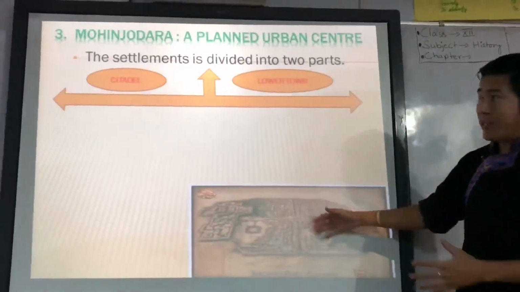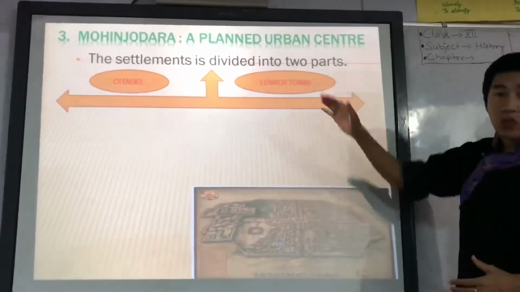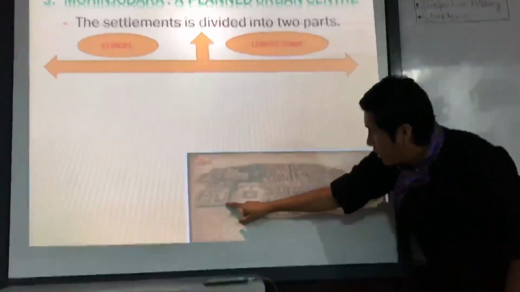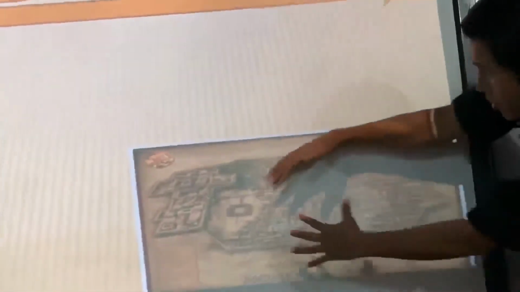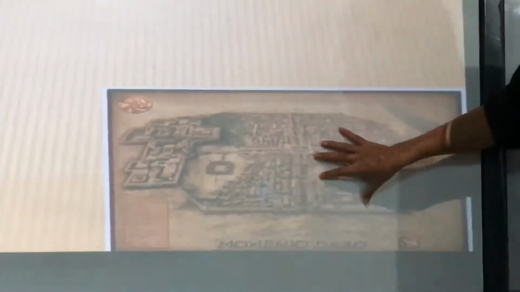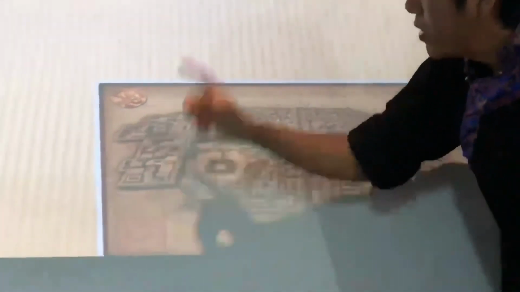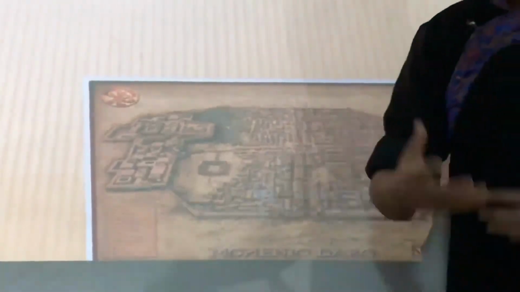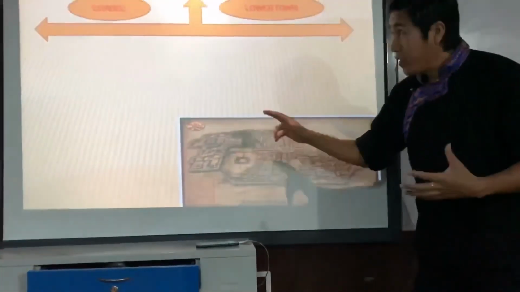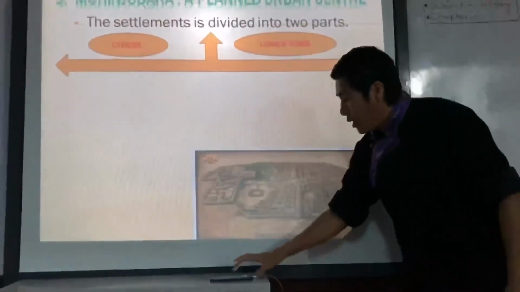Division of settlement in Mohenjo-daro. Now, if you look here, that one is the citadel and this bigger portion is the lower town, where the common people used to live. And here, the citadel, was especially for the elite, the kings and queens, where they used to live.